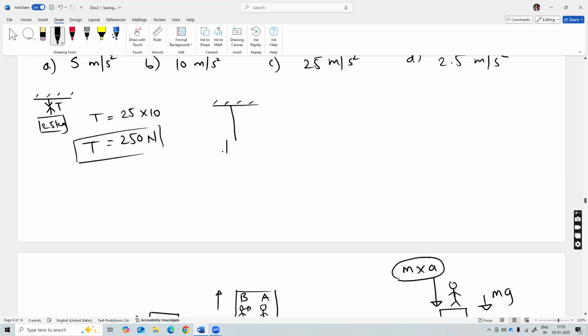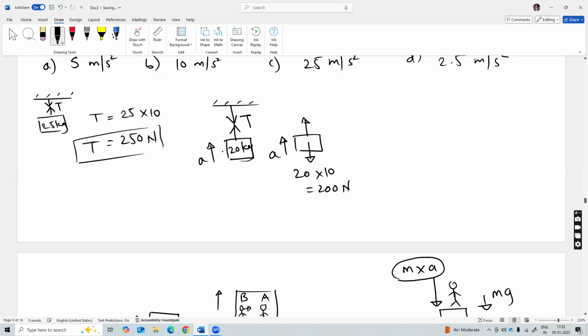Now there is a monkey which is climbing up. It has a mass of 20 kg and is going up with some acceleration. Let's say T is the tension in the string. If you draw the FBD, downwards it is 20 into 10, that is 200 Newton, the weight of the monkey. Let A be the acceleration; since he is climbing up, we show it in the upward direction.